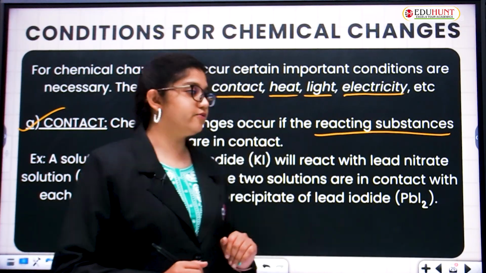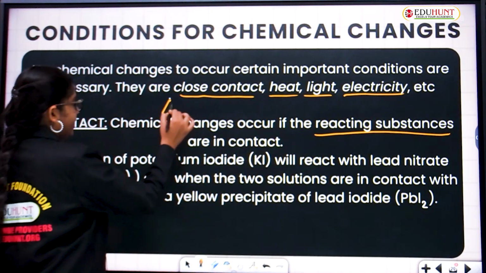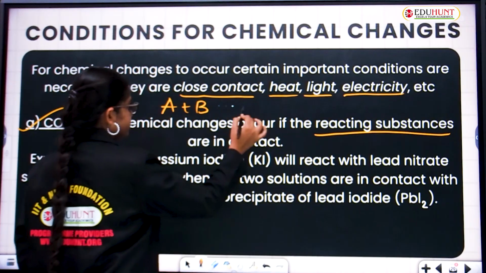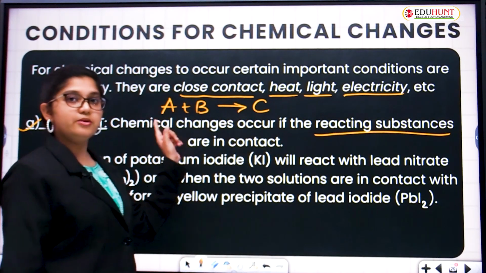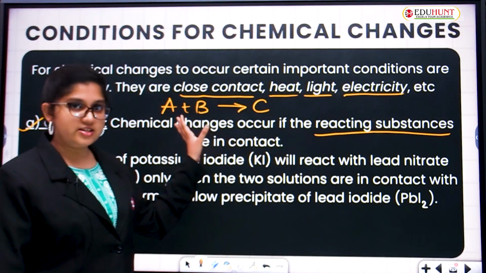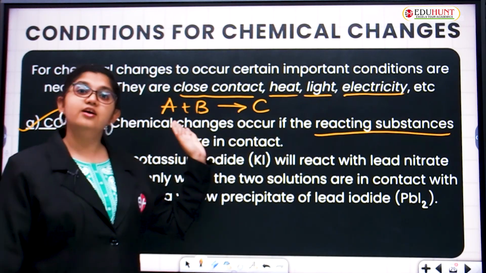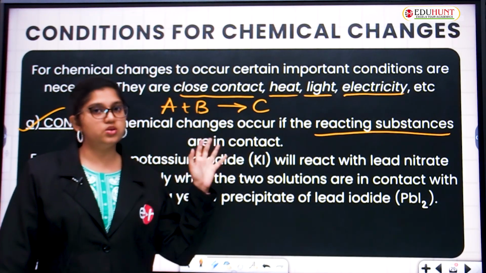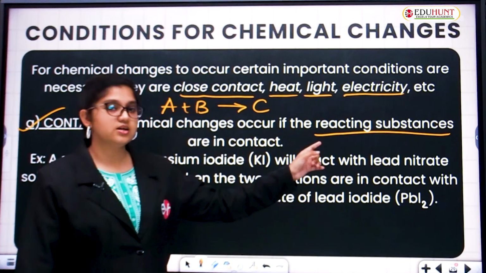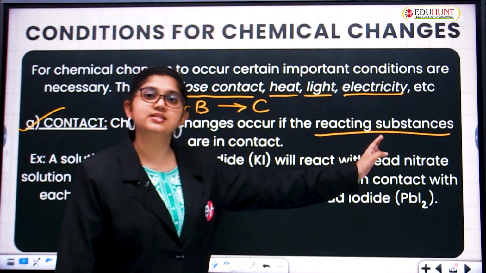For example, if there is a reaction between two, A plus B gives rise to C, then A plus B are on the left hand side, right? These are called reactants. Very good. So these two, the reactants, are named as reacting substances.